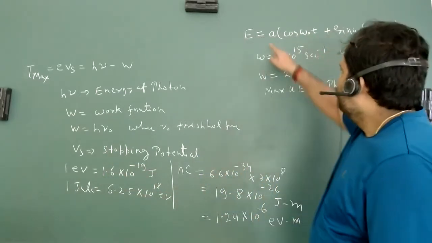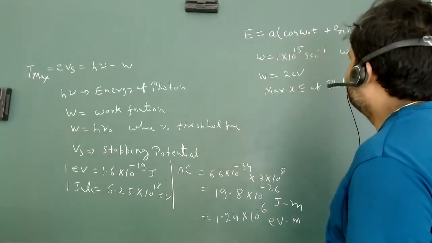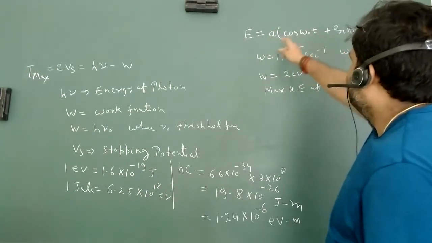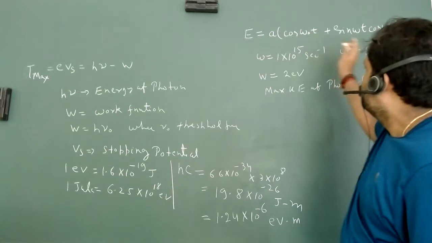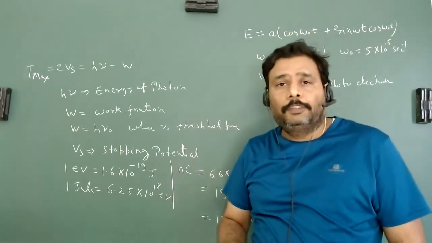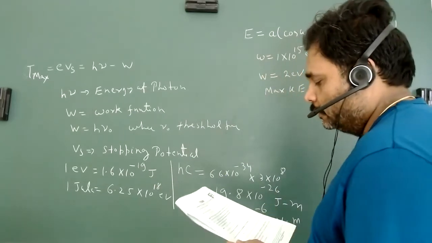If we break this particular equation, we find that this electric field is the superposition of not actually 2 waves, but 3 waves. Let's see what these waves are.